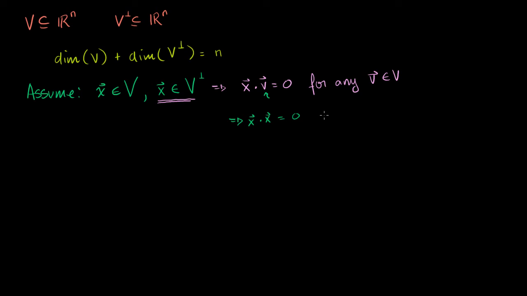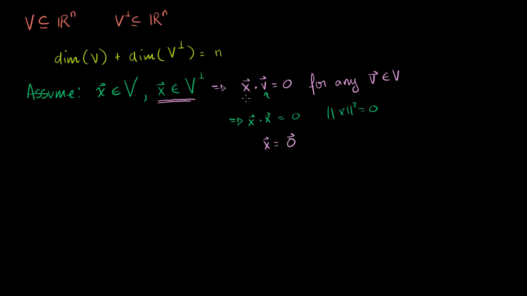Or another way to write that is that the length of x squared is equal to 0, or the length of x is equal to 0. And that's only true for one vector. You can even try it out with the different constituents of x. The only vector that's true for is the 0 vector. So x has to be equal to the 0 vector.